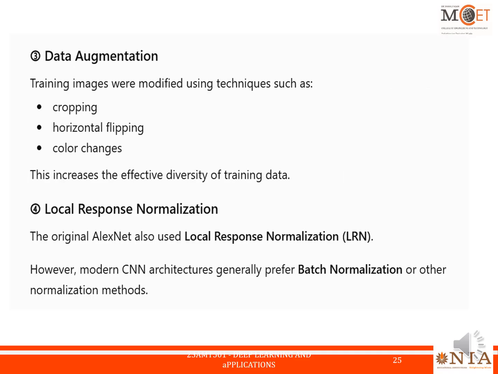Data augmentation is a very important concept applied in AlexNet. It uses cropping, horizontal flipping, and color changes. This increases the effective diversity of the training data. The original AlexNet also used local response normalization. However, modern CNN architectures generally prefer batch normalization or other normalization methods.